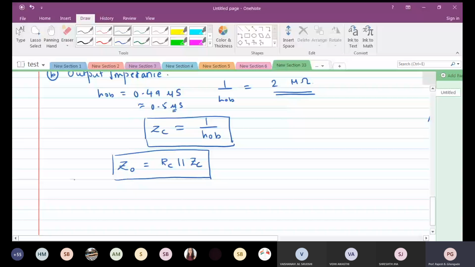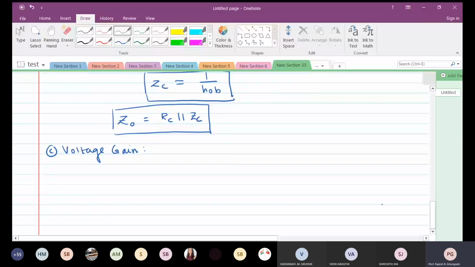Next is the voltage gain. Again, the voltage gain equation is AV, which is VO by VI. How is VO generated? When collector current flows into a parallel combination of RC and RL. How is VI generated?